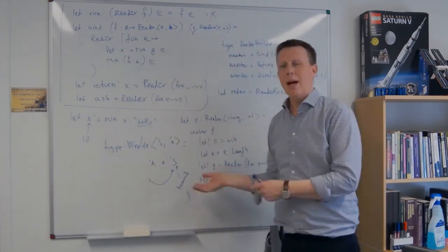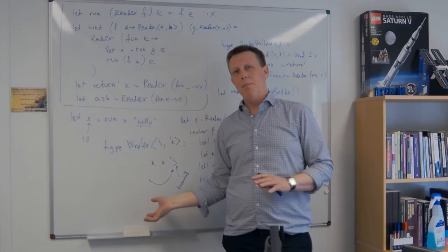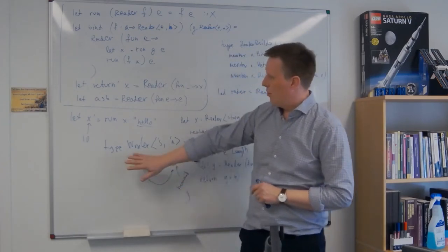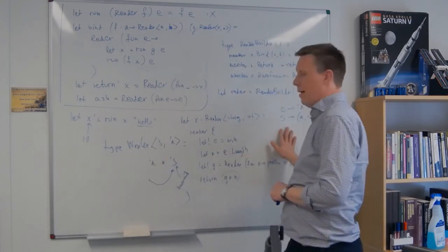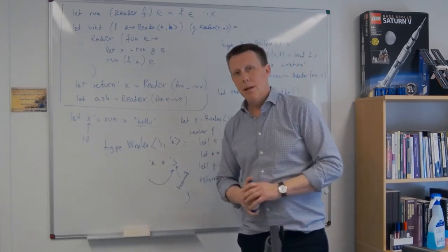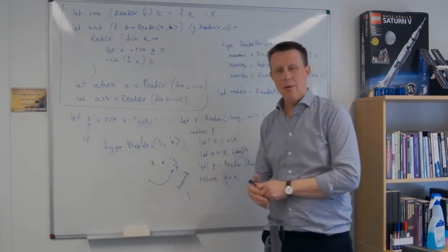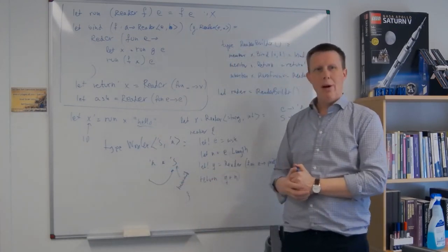But once you get the hang of this, it's pretty easy to pick up this stuff. So I won't go through the examples of the writer and the state monad. They're all in F# plus, so if you want to use them, they're already there, and you can see how they have been implemented. All right, that was that.